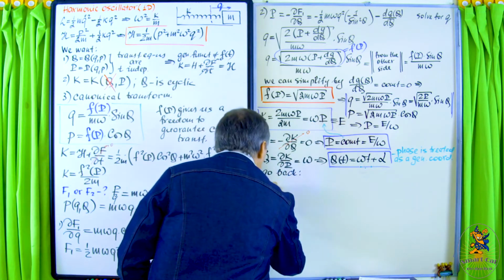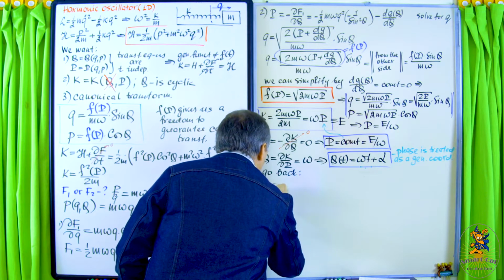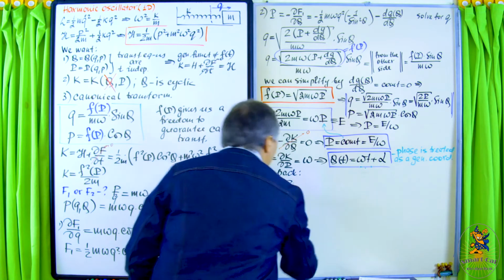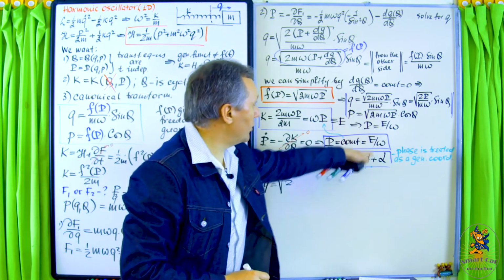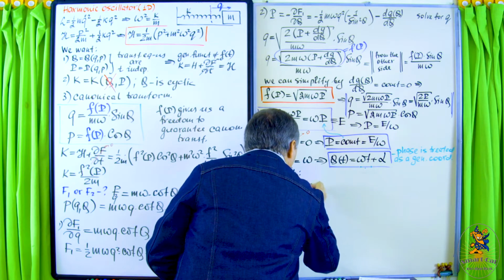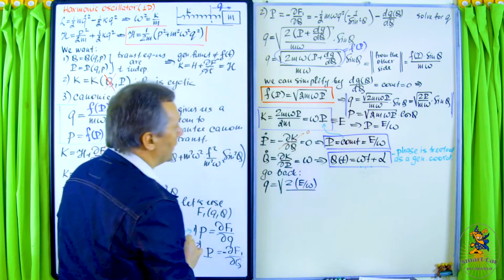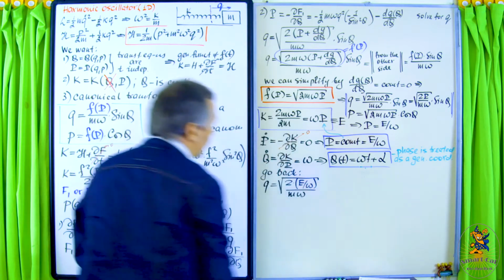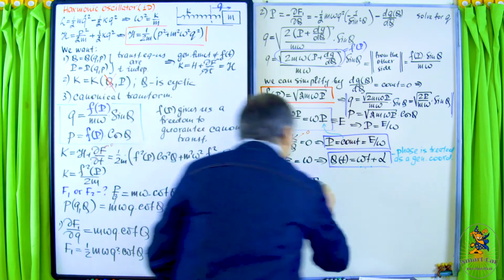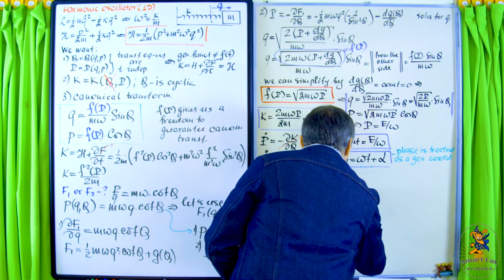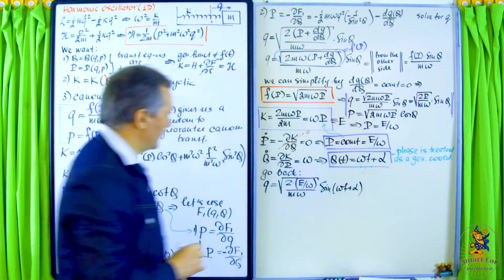So small q equals square root of 2, and instead of P now E over omega, divided by m omega, and sine of omega t plus alpha.